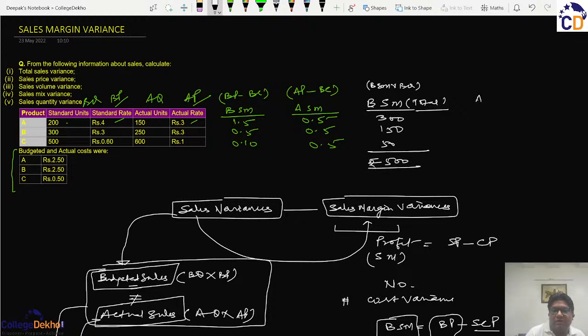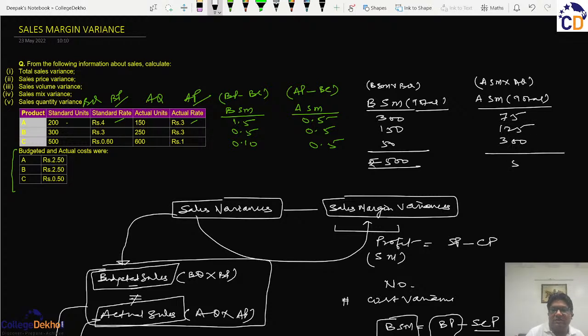Then we will have actual sales margin, that is total, and that will be equal to actual sales margin per unit into actual quantity. So the actual sales margin is 0.5, actual quantity is 150. So this will become 75. 0.5 into 250 will be 125, and 0.5 into 600 will be 300.